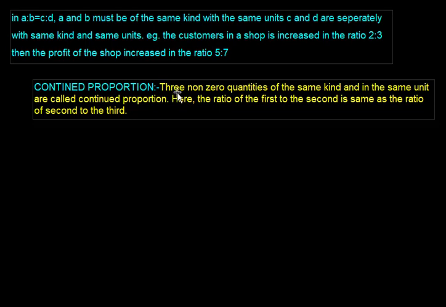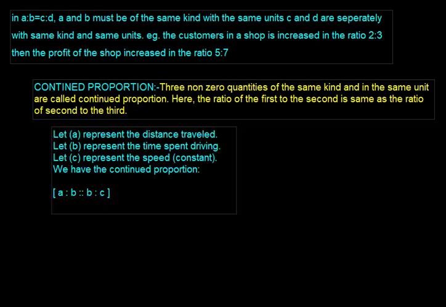The next term is continued proportion. Three non-zero quantities of the same kind and in the same unit are called continued proportion. Here the ratio of the first to the second is the same as the ratio of the second to the third. Let us consider this example. Let A represent the distance traveled, B represent the time spent, C represent the speed.